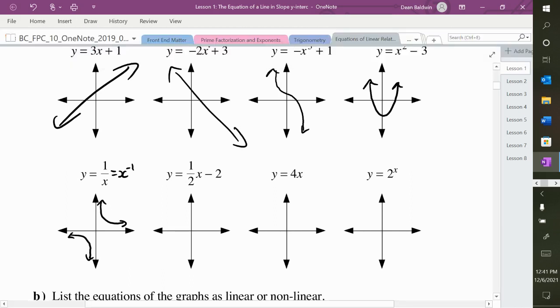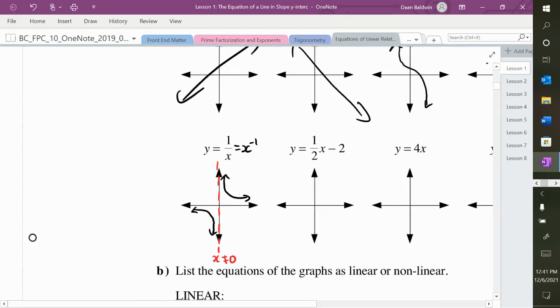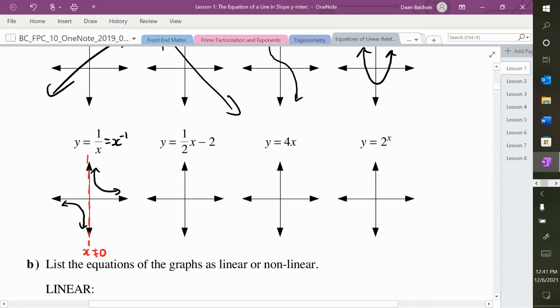You ready for this? That red line going up the middle is an undefined point called an asymptote, that if you take Math 12 and beyond, you will learn about those. But that's Math 12. All right, next one.